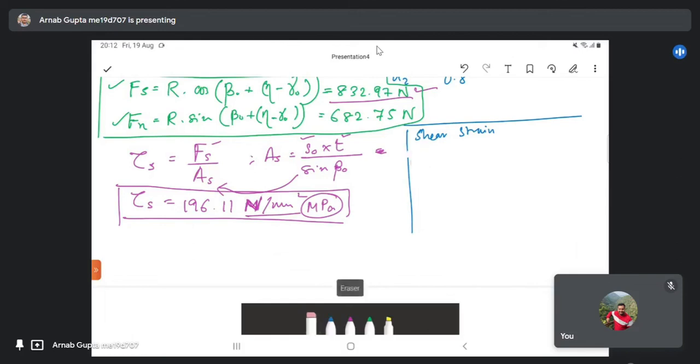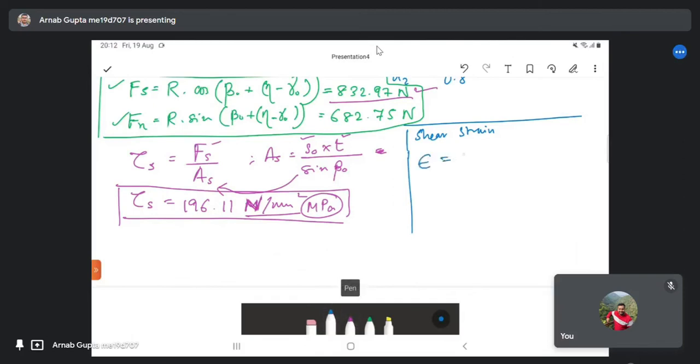Gamma, as we are already using to denote rake angle, so I will use epsilon.